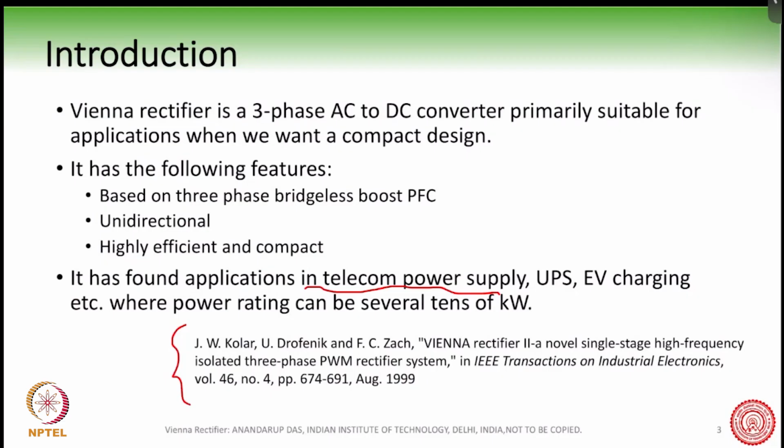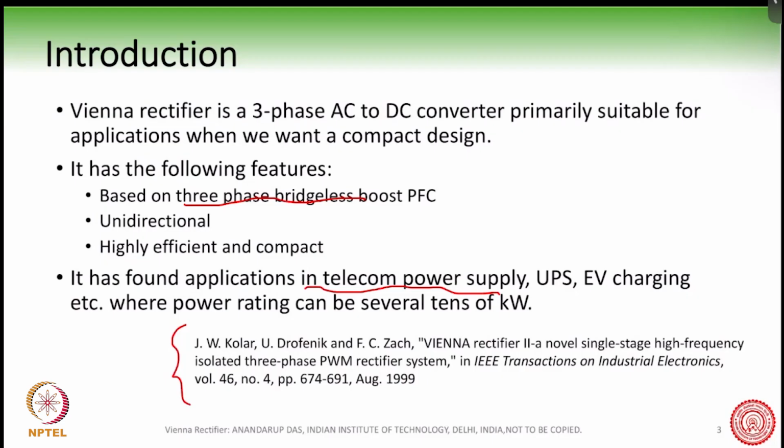The Vienna rectifier has the following features. Basically, it is a three-phase bridgeless boost PFC, and it is unidirectional, and it is highly efficient and compact. Okay, so we can say that this converter has been driven commercially.